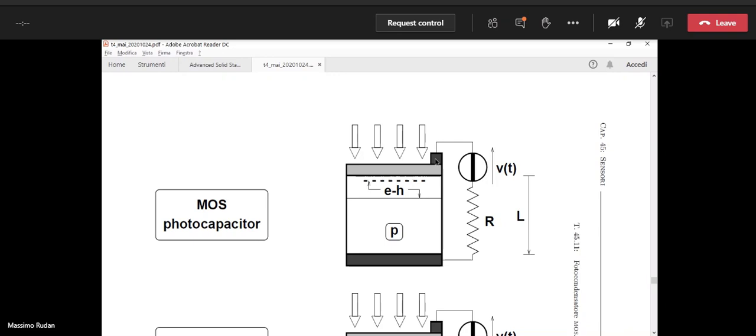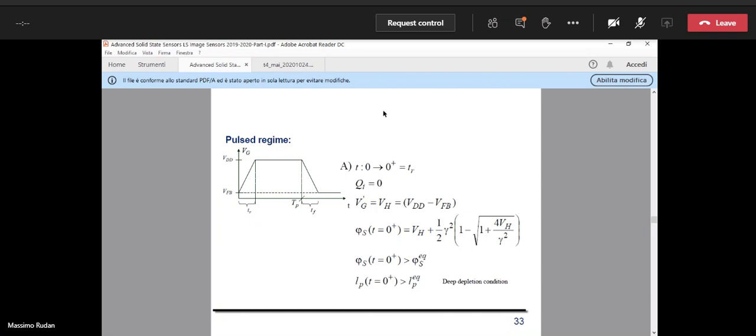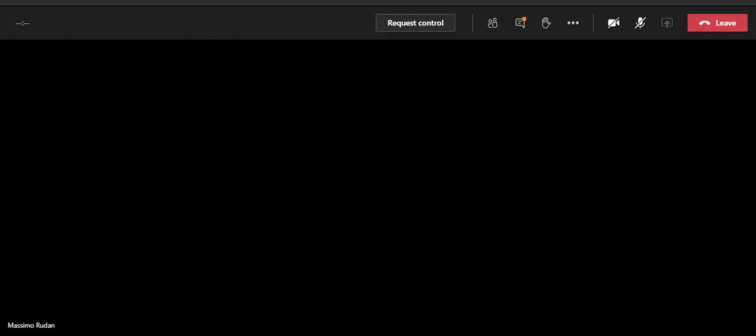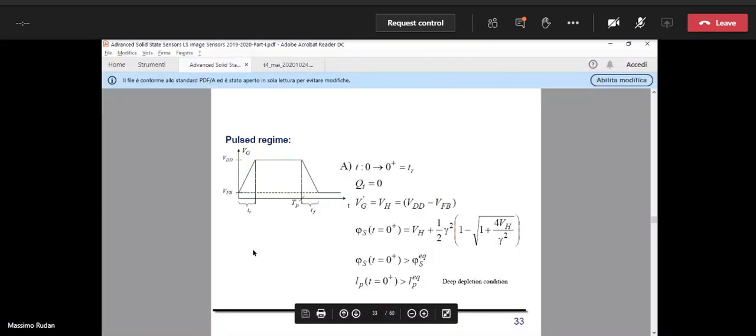So I change the figure for 1 second. So here you should look only at the curve, okay?